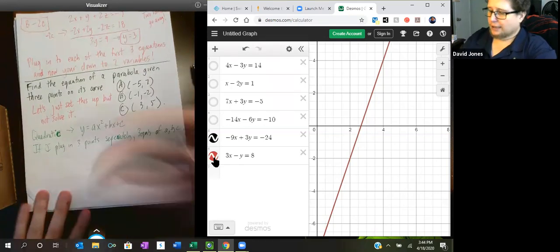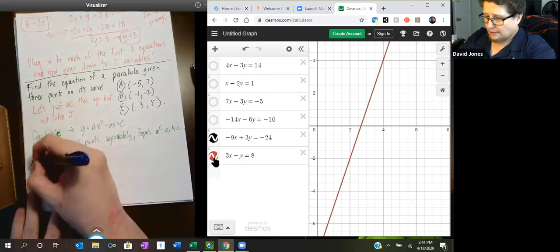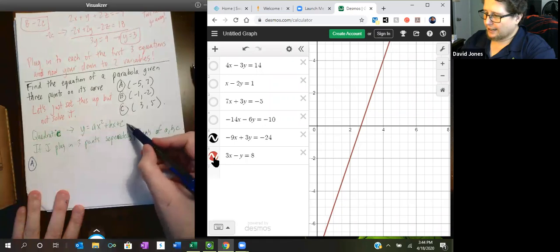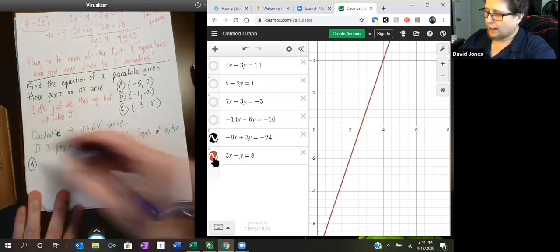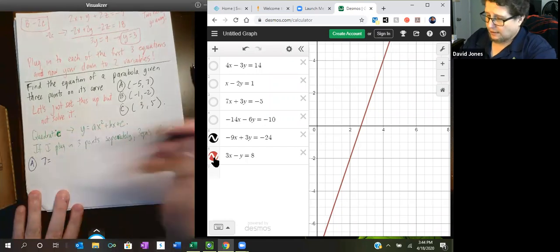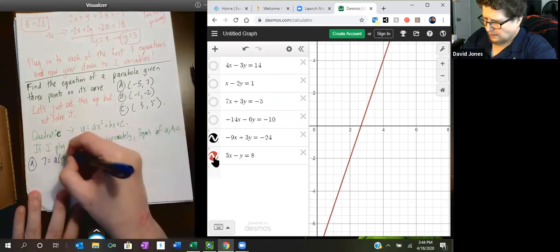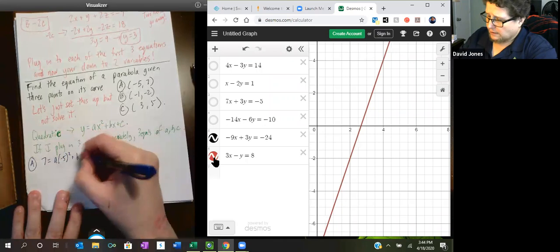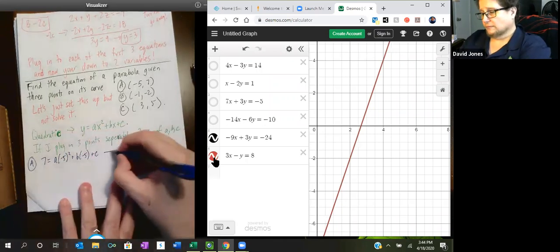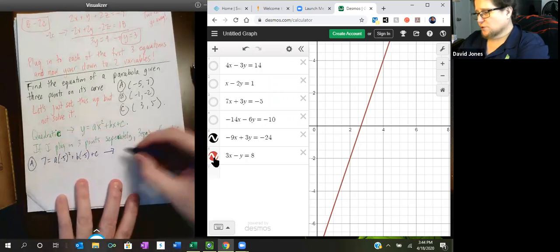And this is what I mean. Let's plug in A. Each of them I'm plugging into here. So -5 is my x, y is 7. -5 squared is 25.